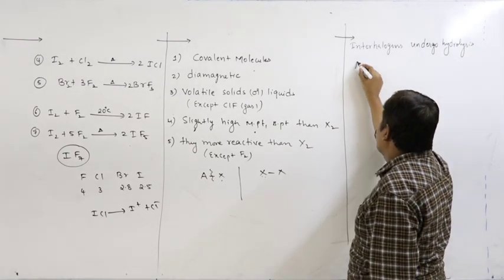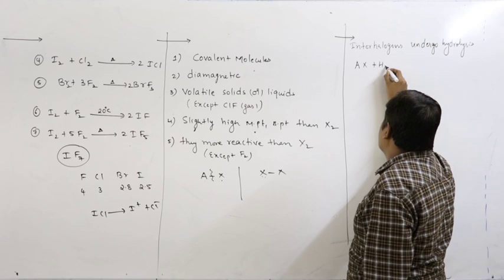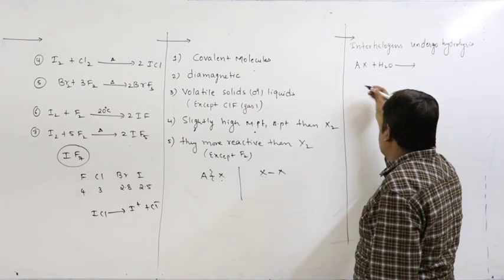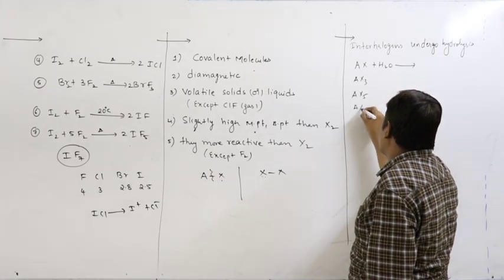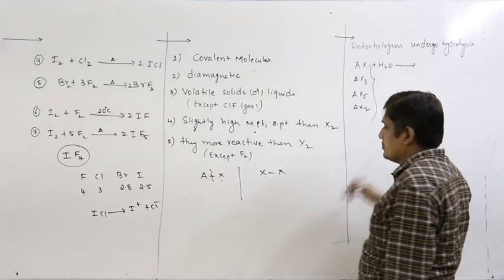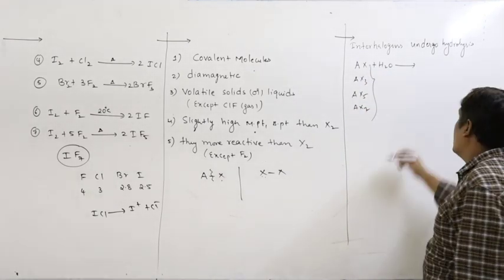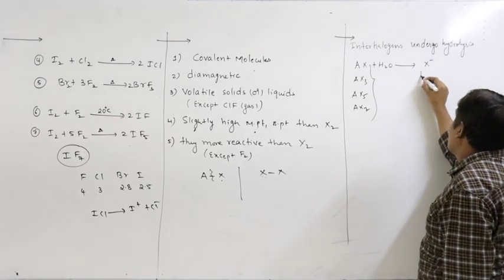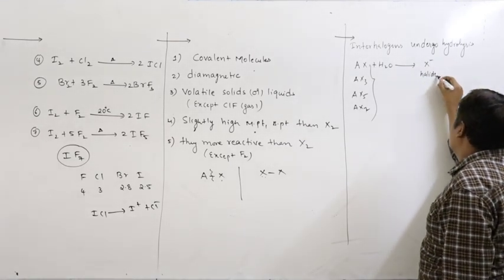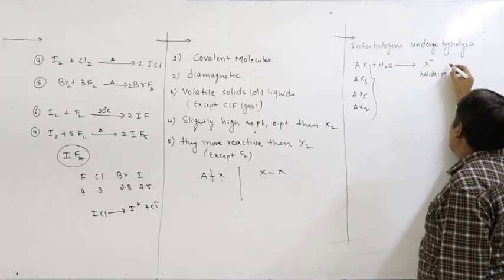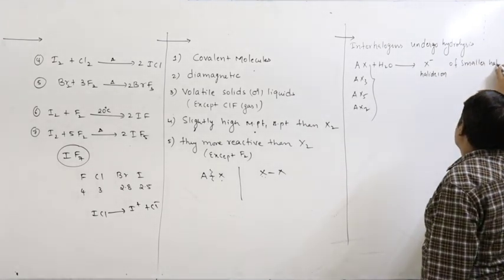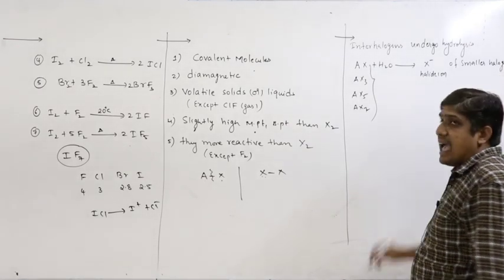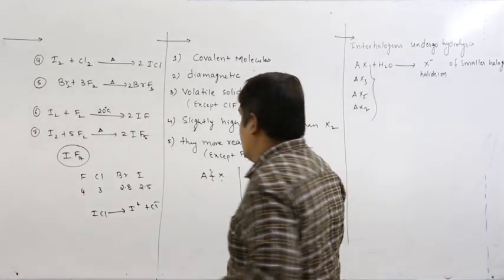Suppose I take AX and subject it to hydrolysis, whether it is AX, AX3, AX5, or AX7, right, always you will get a halide ion of the smaller halogen. First point, you will get a halide ion of the smaller halogen.